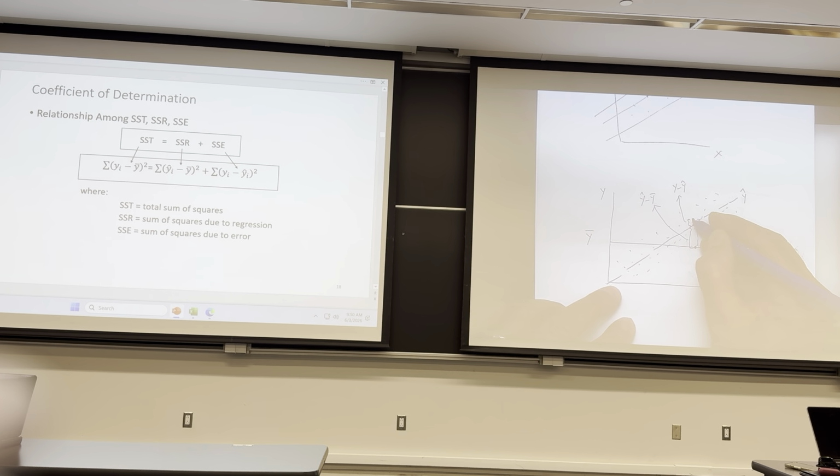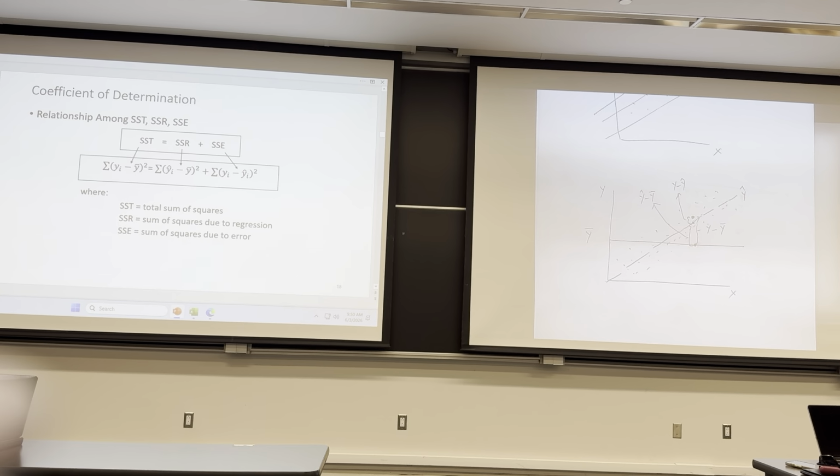Then my error is going to be from here to here. Big error. But if instead I use the regression line, my estimate is going to be over here. So my error is going to go down by this much, and this is the error which will be remaining. Error has gone down substantially.